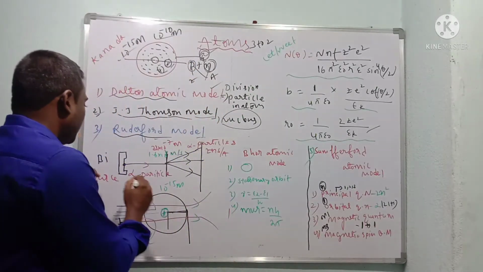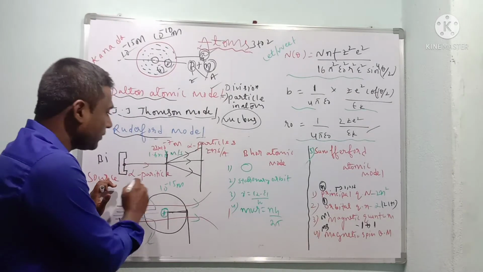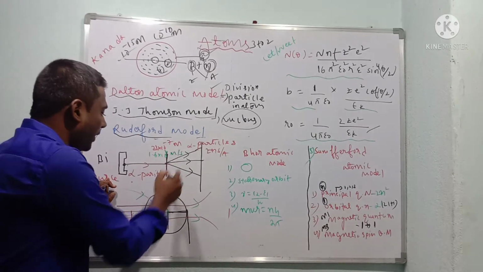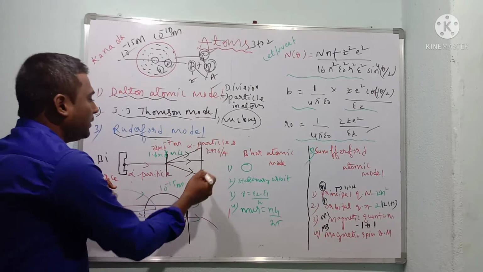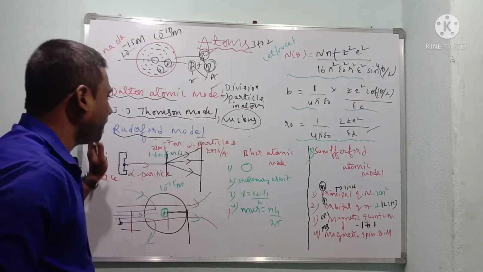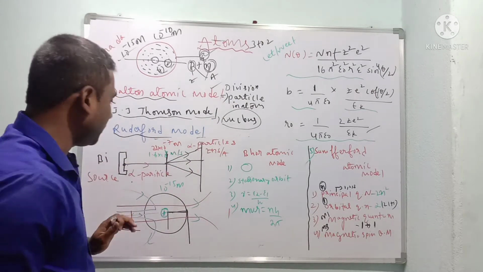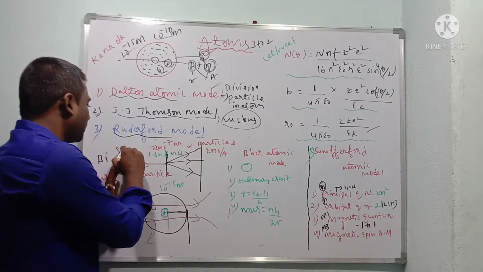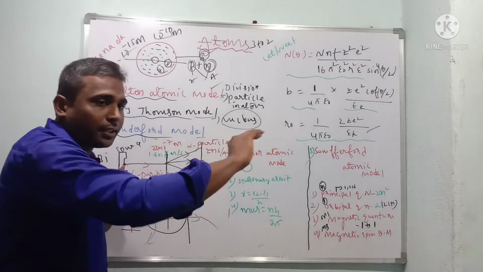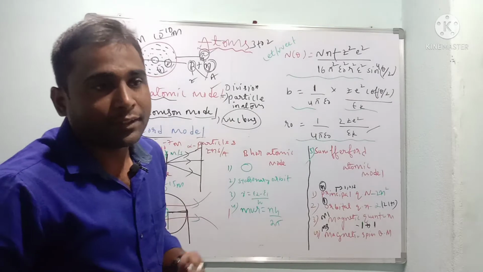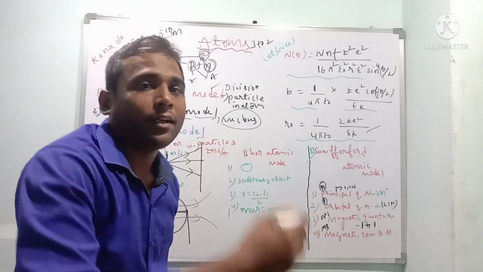Dear students, he had taken a beta source and he made it fall on the atom, and here this is the experimental setup of the Rutherford atomic model. This is the source to emit the alpha particles, meaning the experiment consists of alpha particles and atoms.